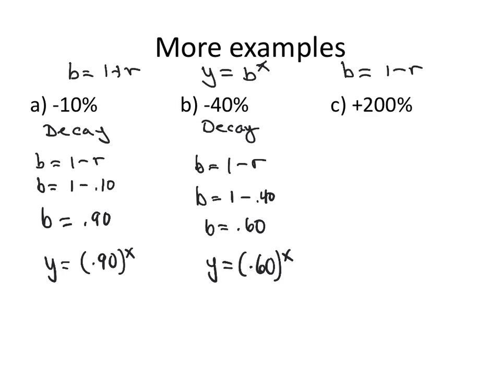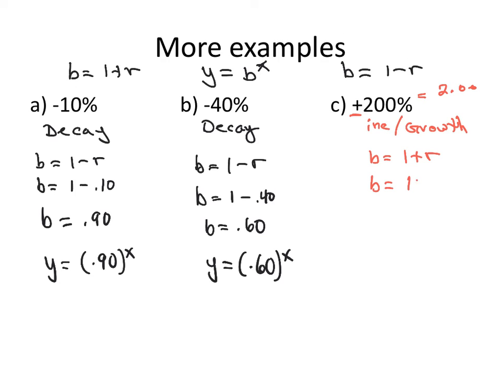Our last one can be a little tricky if we're not careful. So here we have a plus 200%, so we want to increase, so we're going to use the growth model. And so b equals 1 plus r. This 200% is an r, so we just have to convert that. Think about how you convert percentages to decimals: the r that goes along with this would be 2.00, or just the value of 2.